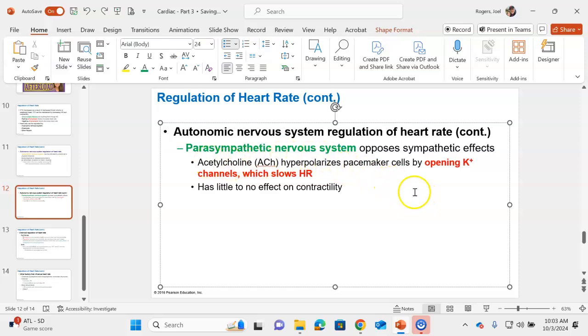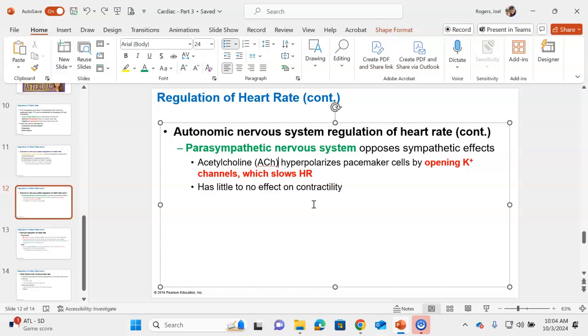Acetylcholine. Now, acetylcholine hyperpolarizes the SA node cells by opening potassium channels and causing them to repolarize more rapidly. So it's going to actually slow down the heart rate, not affecting contractility, but it will slow down heart rate.